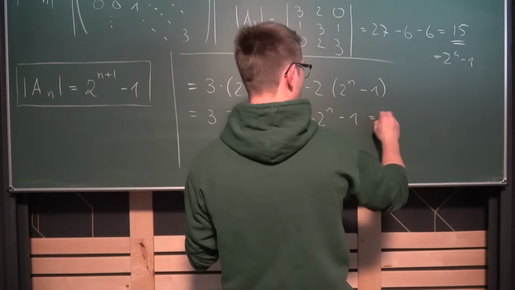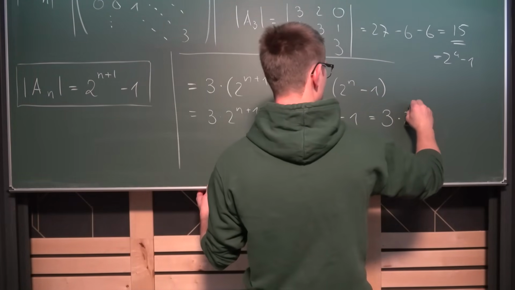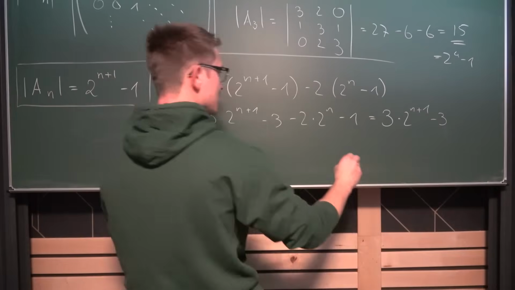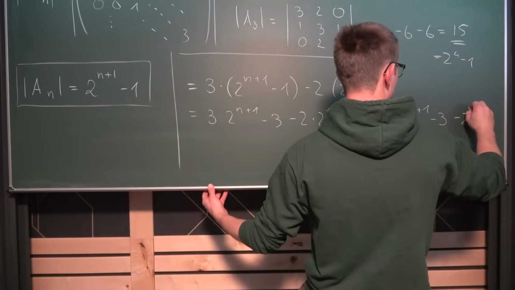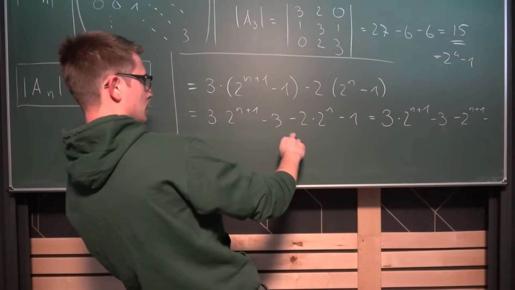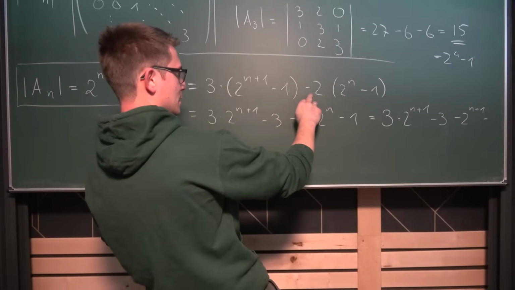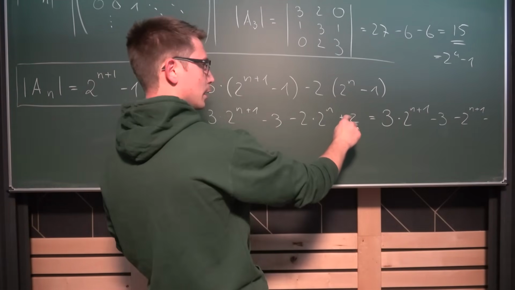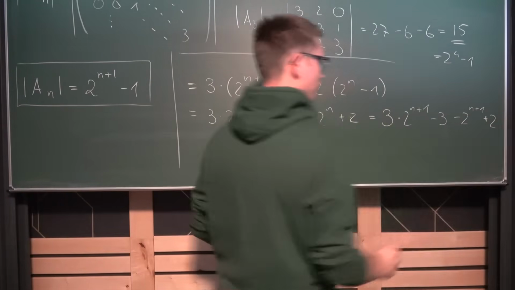Yeah, I'm going to write it out. This is 3 times 2 to the n plus 1 minus 3 minus 2 to the n plus 1 minus... No, this is negative 2 minus 2, which is going to be plus 2 overall. So we are going to get plus 2 over here.